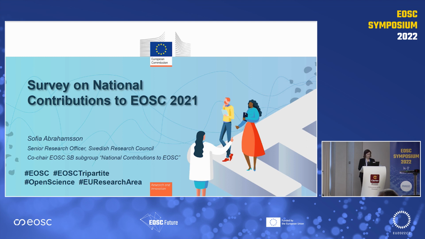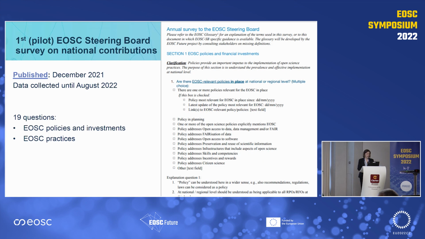Okay, so I will try to guide you through some of the results that we had from the survey as well, which you will be able to see largely on the dashboard at the moment. The first pilot EOSC Steering Board survey on national contributions was published in December last year, and you will be able to find this on the EOSC Association webpage as well.